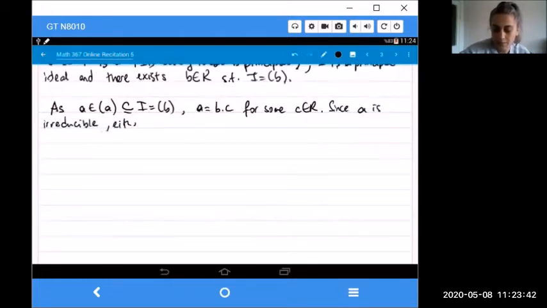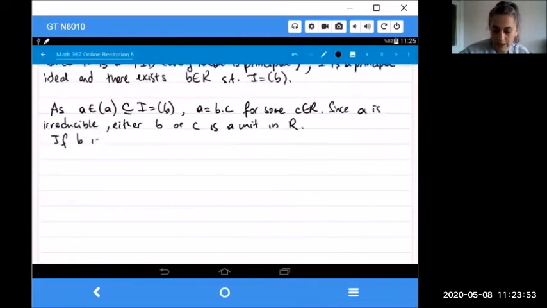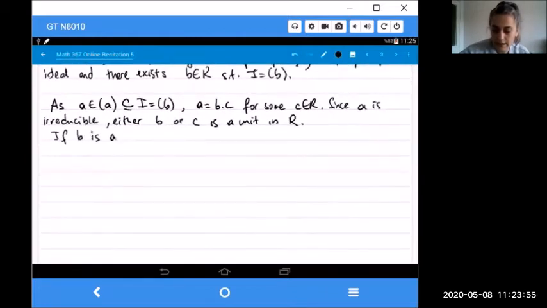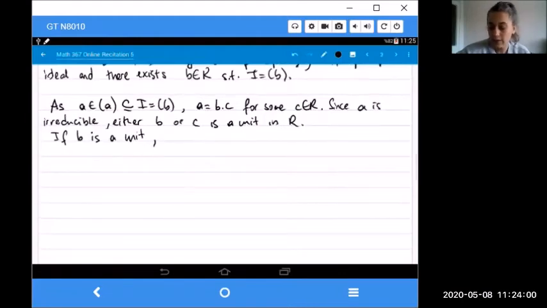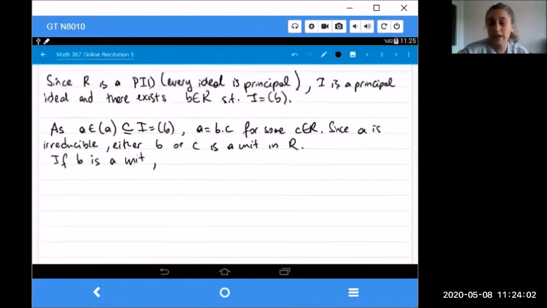Now, if B is a unit, then we are done. Why is that so? Since the ideal contains a unit, it contains the multiplicative identity, and it has to be the whole ring. Then I is equal to R.